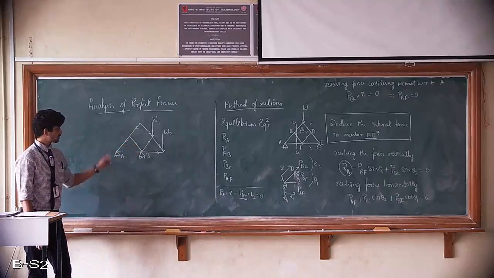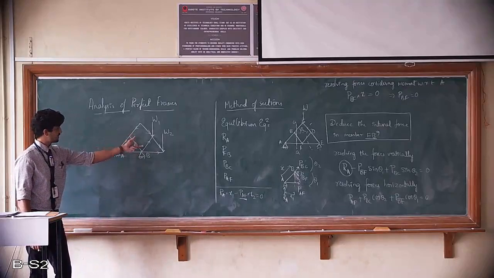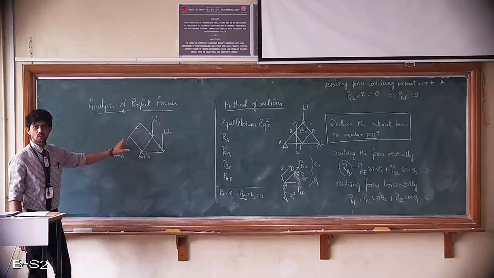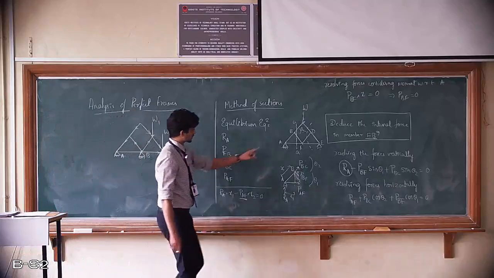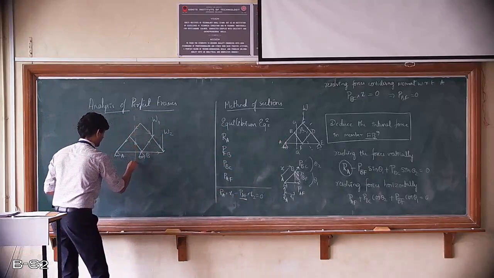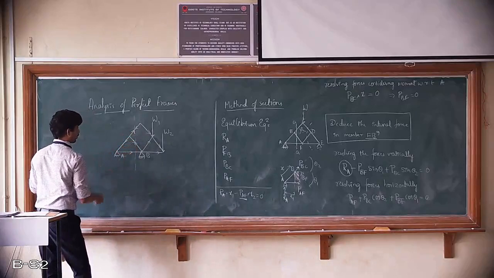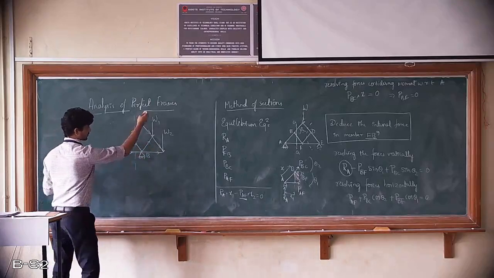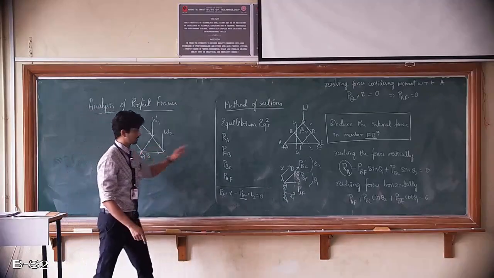Now why I am explaining this is, there may be any situation like internally, if you see in the member, there may be tension or there may be compression, but when you consider method of section, when you consider a section here, then whatever the internal forces are there, those are always tensile. That is the assumption we do, and making use of that assumption we resolve further.